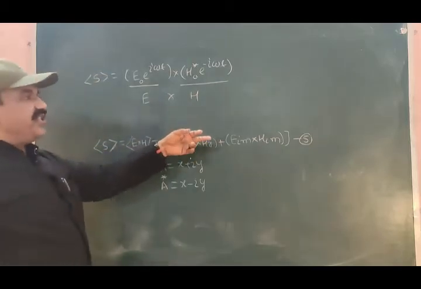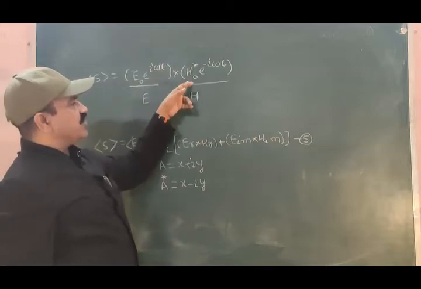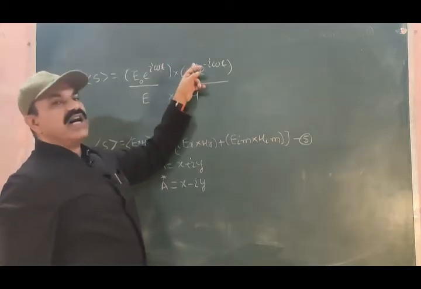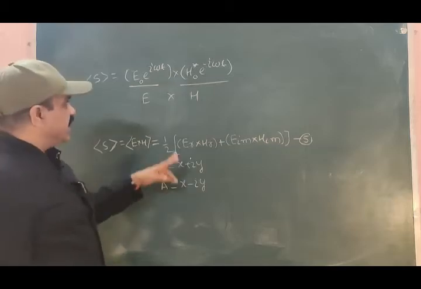So E cross H is E0 e to the power i omega t cross H0 star e to the power minus i omega t.